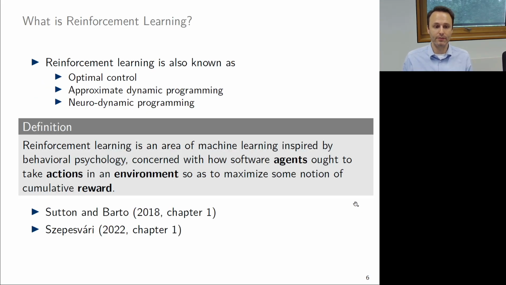That's the idea of reinforcement learning, which is known also as optimal control, approximate dynamic programming, neurodynamic programming, and many other names. A basic definition could be that reinforcement learning is an area of machine learning inspired by behavioral psychology, concerned with how software agents ought to take actions in an environment so as to maximize some notion of cumulative reward.